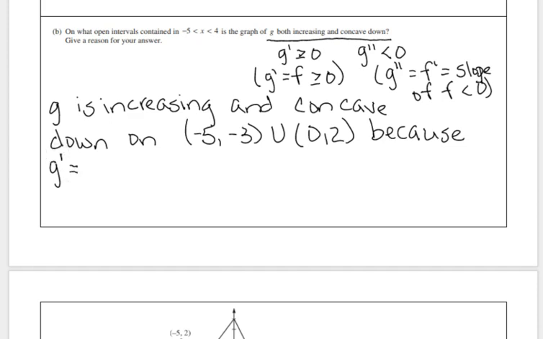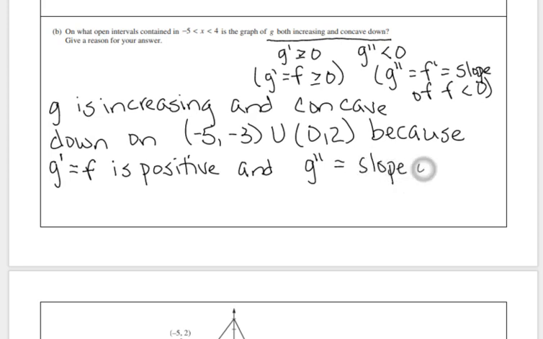So g prime, which is f, is positive, and g double prime, which really means we're looking at the slope of f, is negative on these intervals.